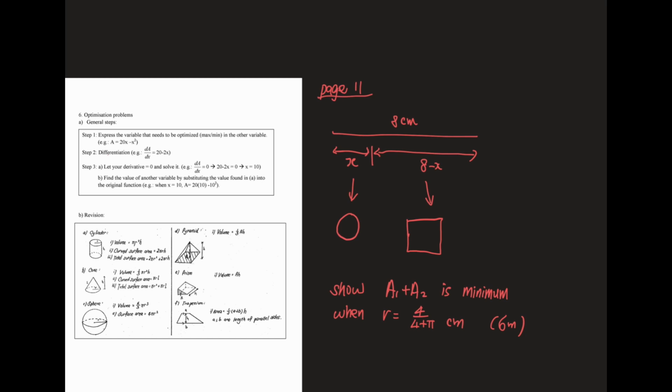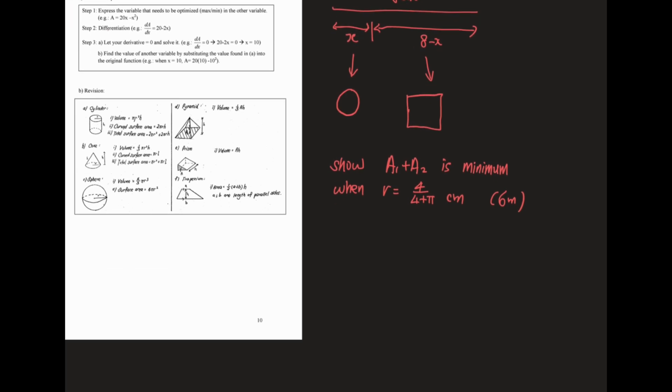Okay, now since the question is talking about the minimum of the sum of area, so we have to form an equation involving the sum of area. Okay, so let's say A1 is the area of the circle. So we know that area of circle is pi r square.